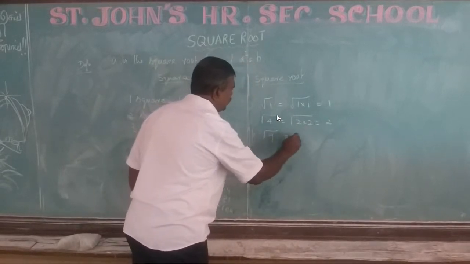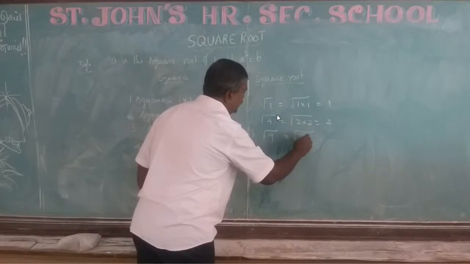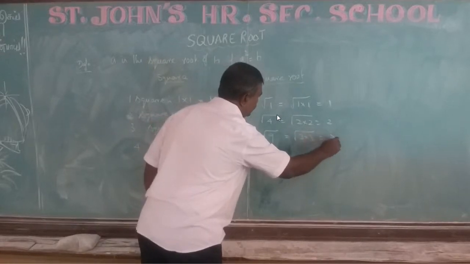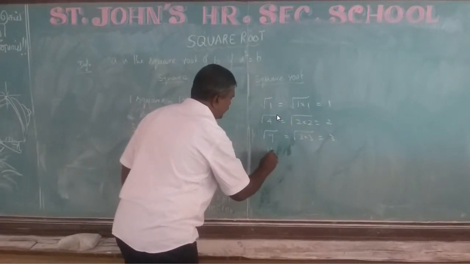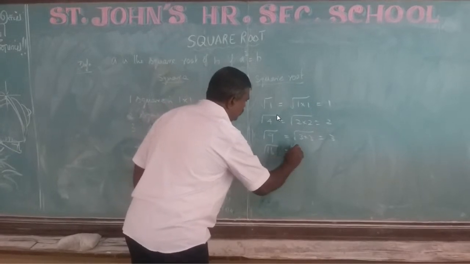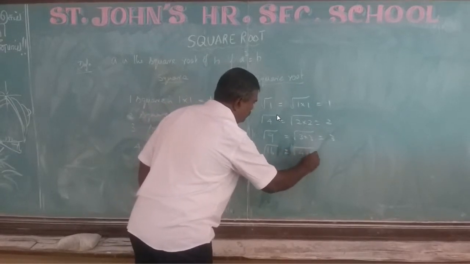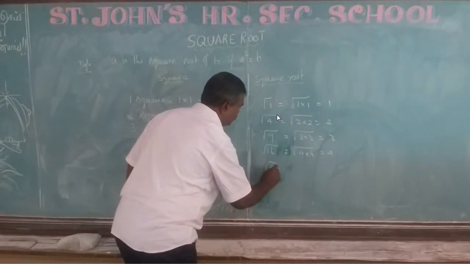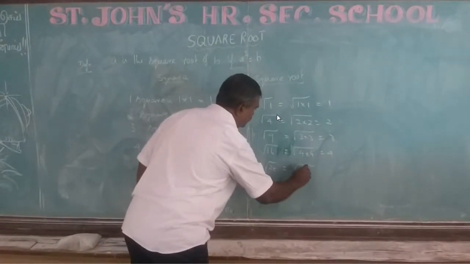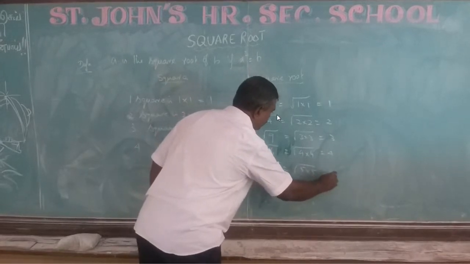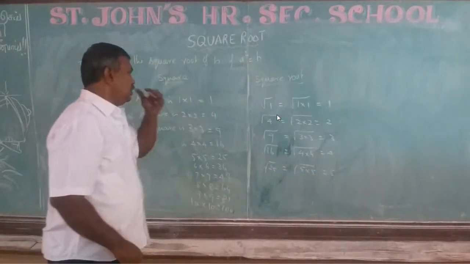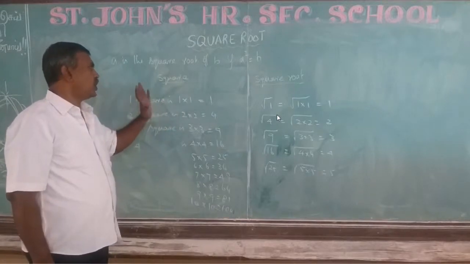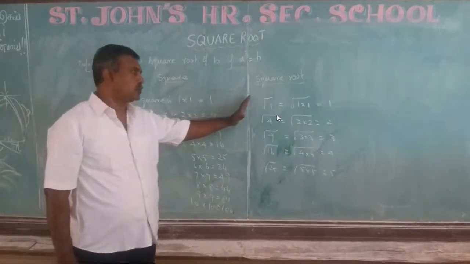Square root of 9 is equal to 3 into 3 equal to 3. 16, 4 into 4 equal to 4. 25 equal to 5 into 5 equal to 5. Now you can understand what is square and square root.